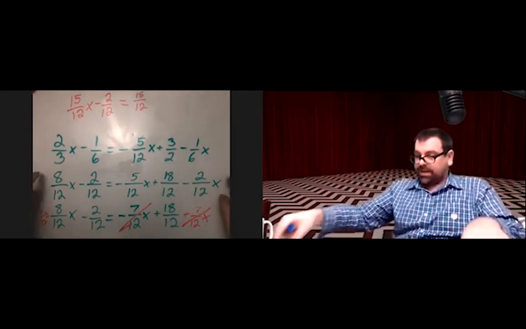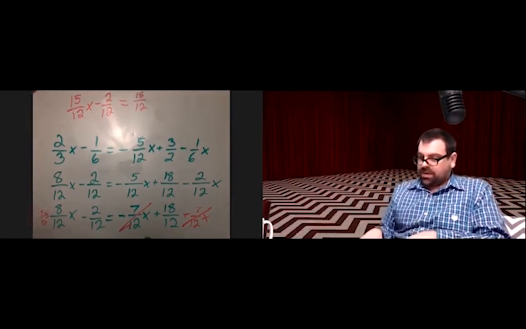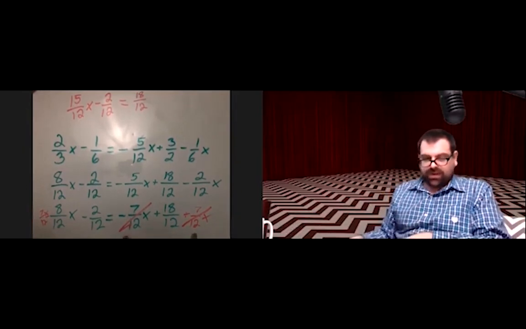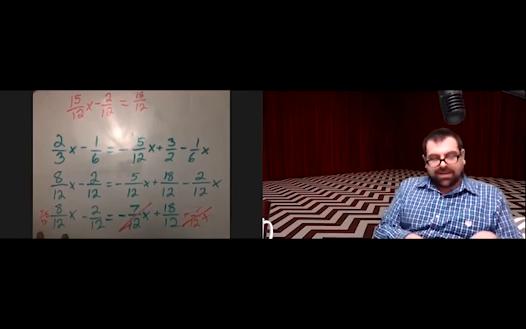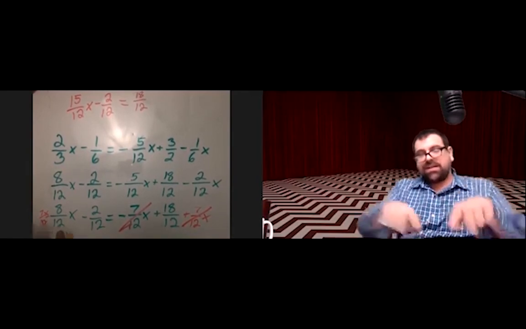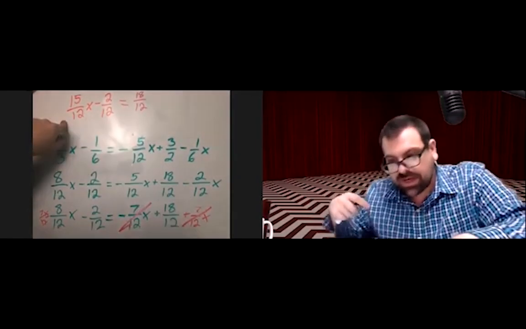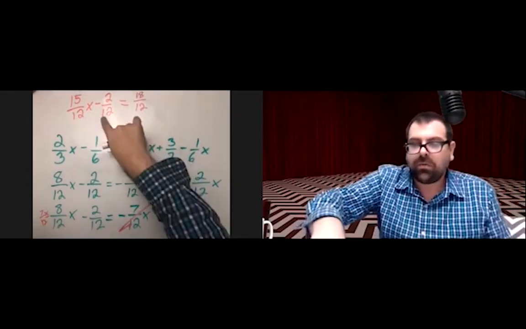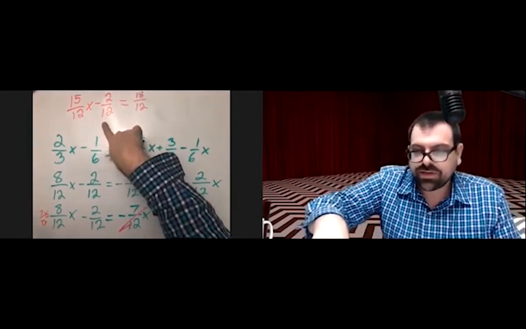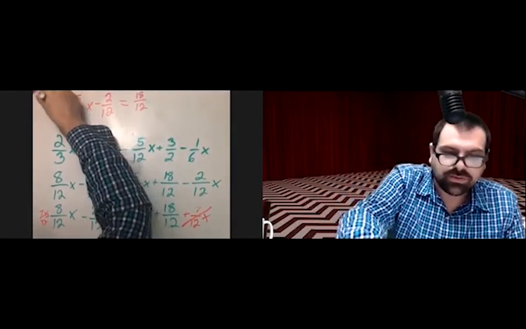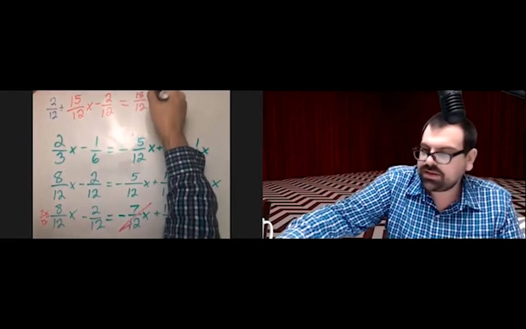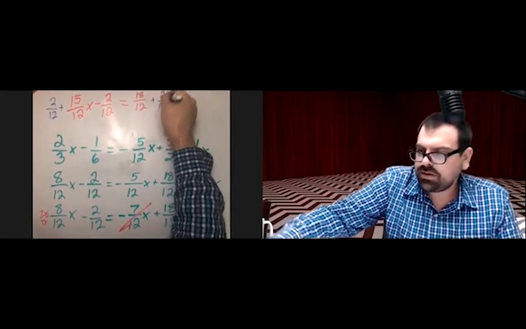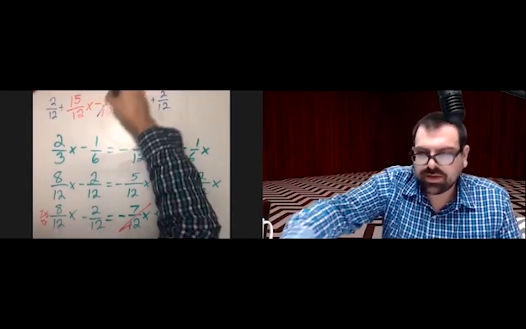So again, I combined like terms, and then I added 7/12 x to both sides to get rid of it here. When I added the 7/12 x to the 8/12 x, I got 15/12 x. Now, I want to get rid of minus 2/12. I'm going to add 2/12 to both sides. That's going to get rid of this here.